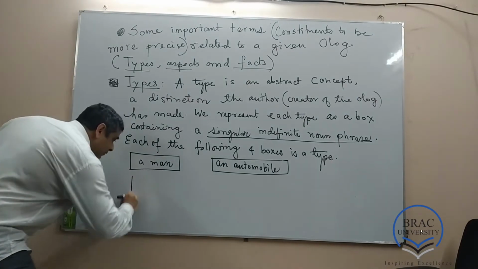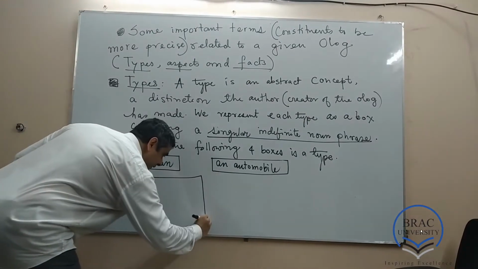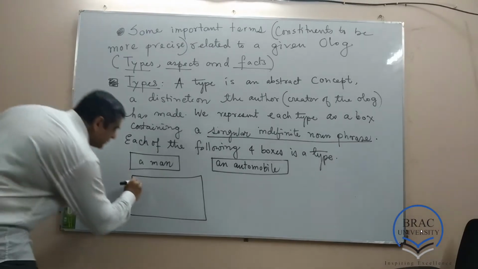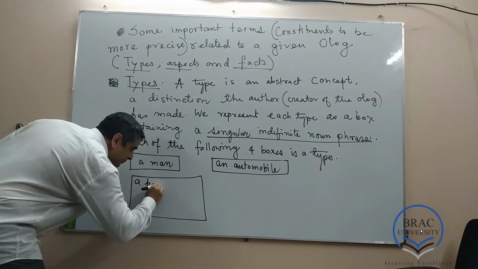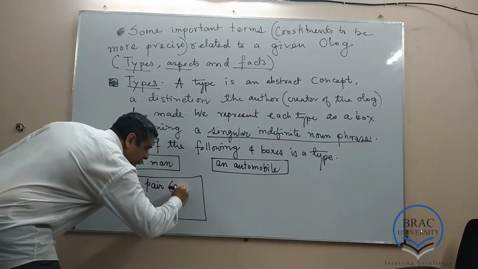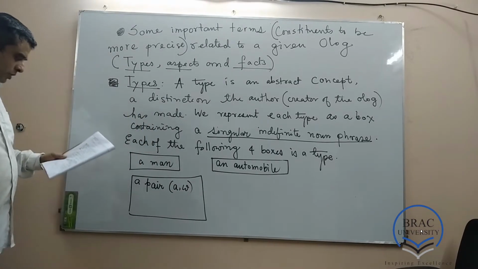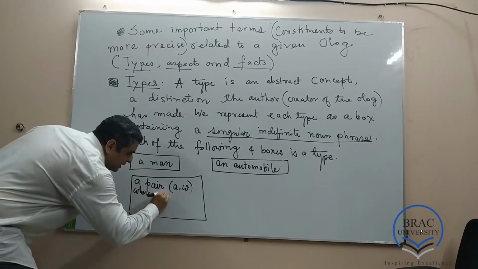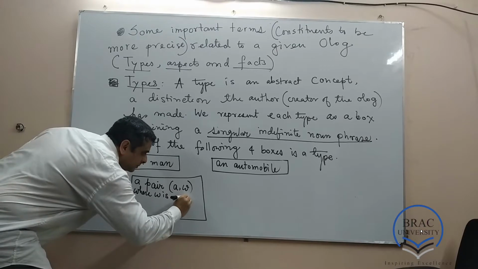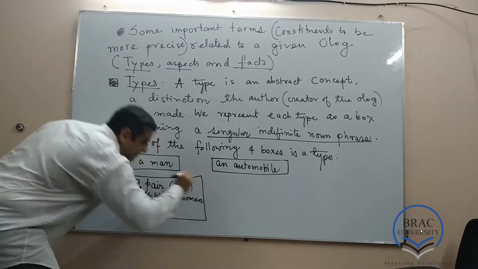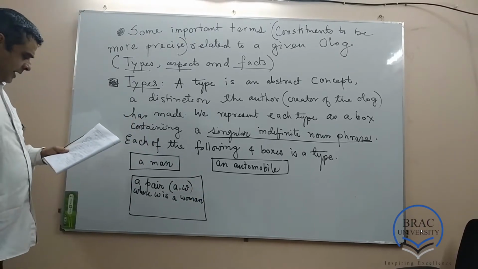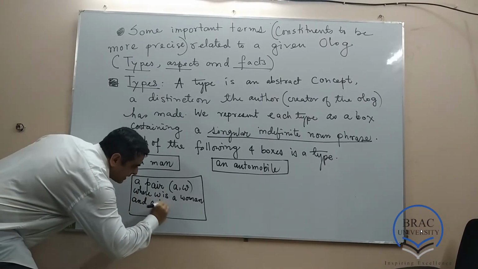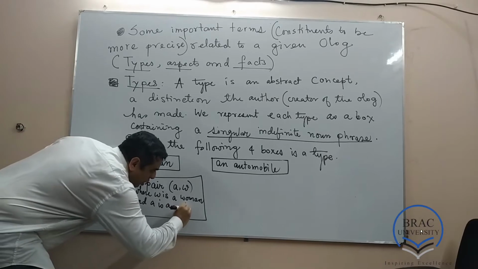Another example of a type is a pair A, W, where W is a woman and A is an automobile.